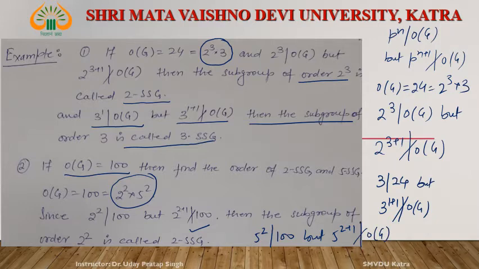Then the subgroup of order 5 to the power 2 is called 5SSG.